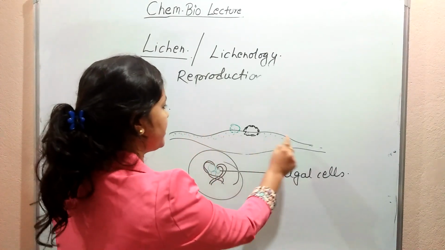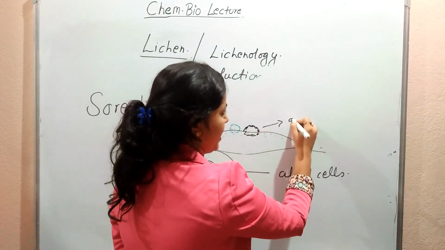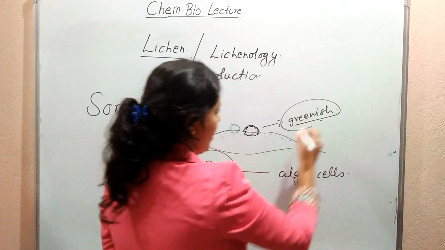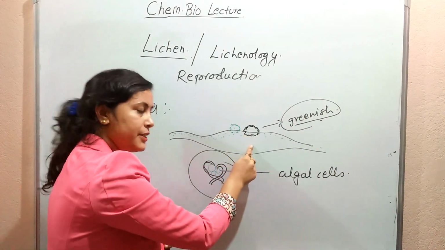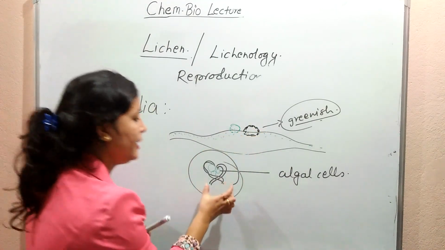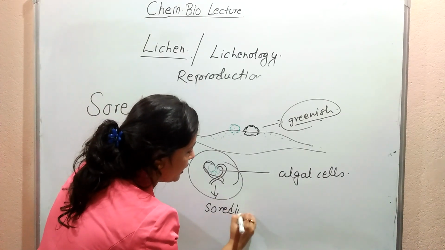In the structure of a thallus, you are seeing small rough structures, grayish-green in color. These microscopic granular structures grow on the surface of the thallus. These are called soredia; an individual one is a soredium.